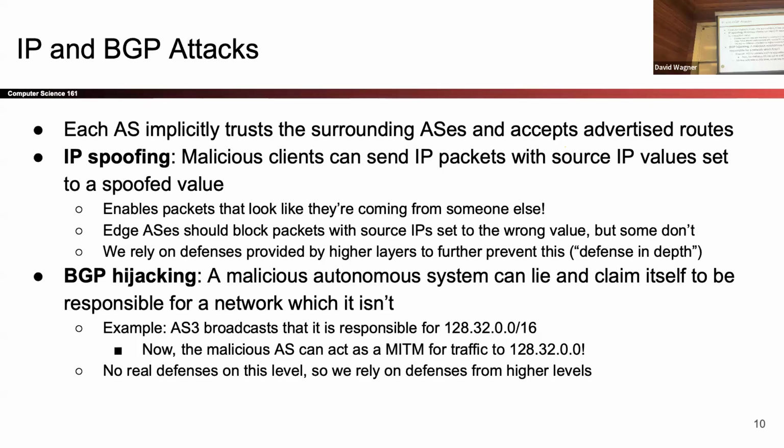If not, then something bad is happening and they drop the packet. But not all ISPs do that checking because it's some extra cost and some extra administrative hassle and configuration to keep track of. And so if you try to send a spoofed IP packet, it might make it through if you're going through the less responsible ISPs, or it might get blocked if you're going through a more responsible ISP.